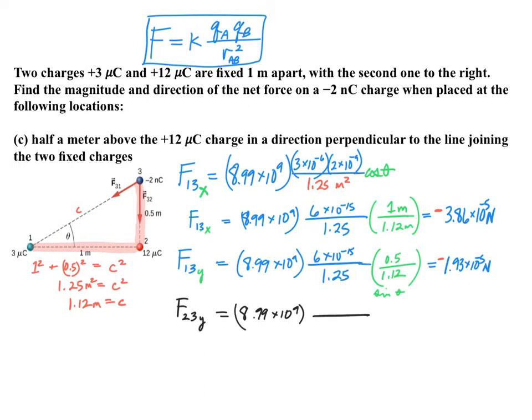And if you do the product here, I have a 12 micro times a 2 nano. All right. So 12 times 2 is 24. And a 10 to the minus 6 and a 10 to the minus 9 is going to give us this 10 to the minus 15 again. The distance separation is 0.5 squared.